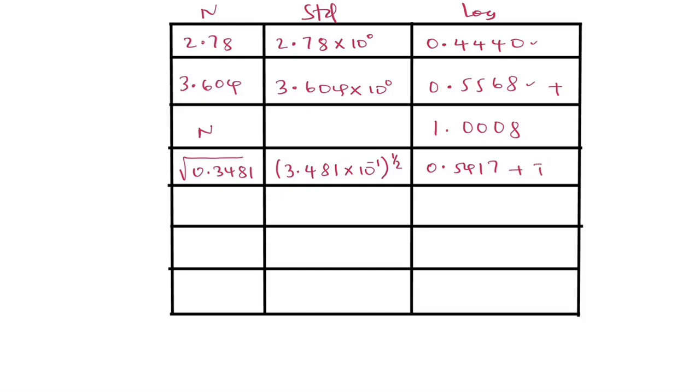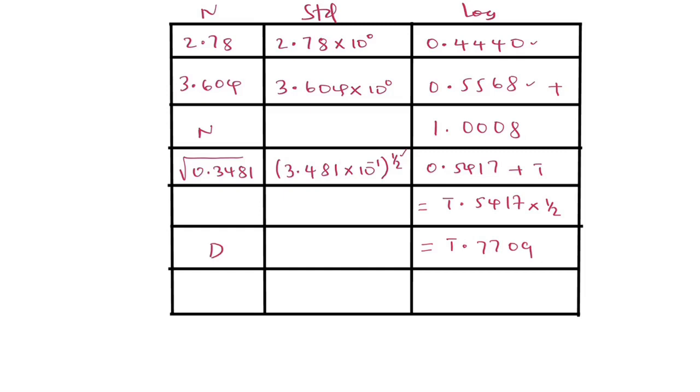Then adding 1 to our value received from the logarithm table, we get 1.5417, which finally we are going to multiply by 1 over 2. So we are going to get 1.7709, and this is going to be the value of our denominator.